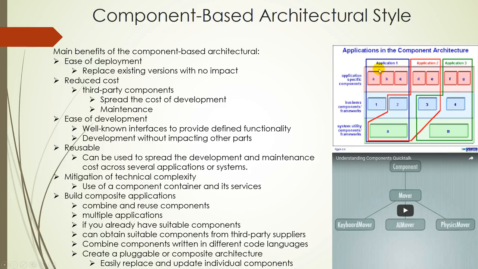As you see in this picture, three different applications share some components in the system across three levels of components: application specific components, business components, and frameworks and system utility components.